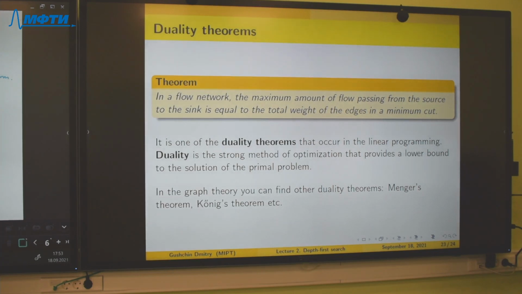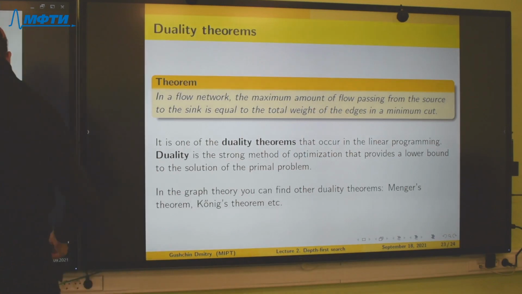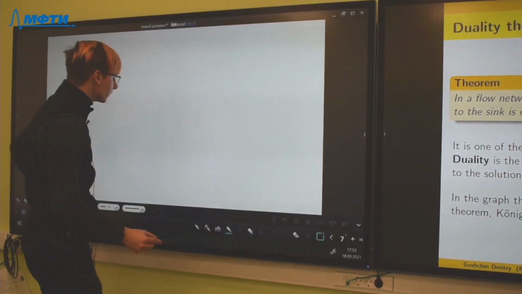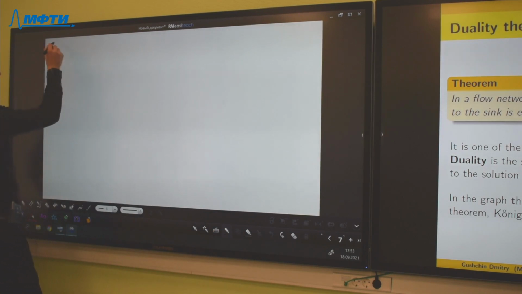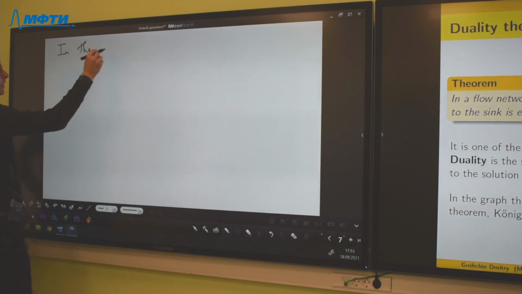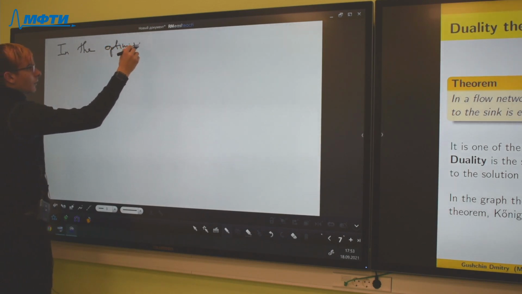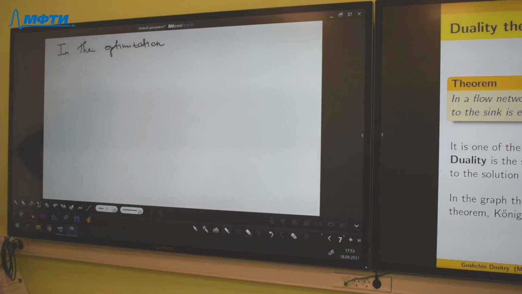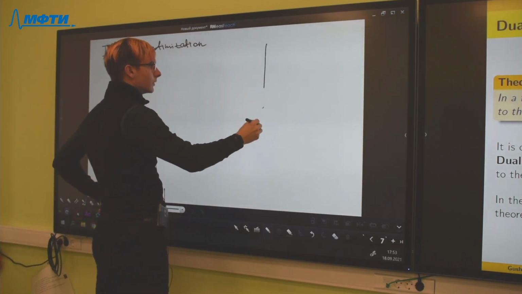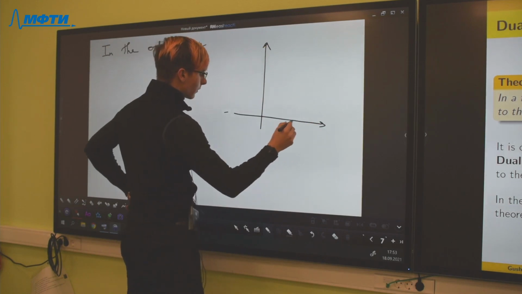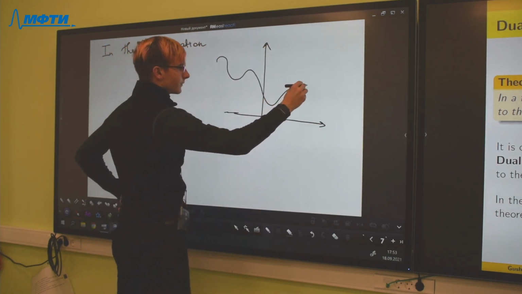It is one of the duality theorems, and duality is an important method in optimization problems, because for example, in optimization, there are a lot of exercises to get the infimum of some functions, for example.